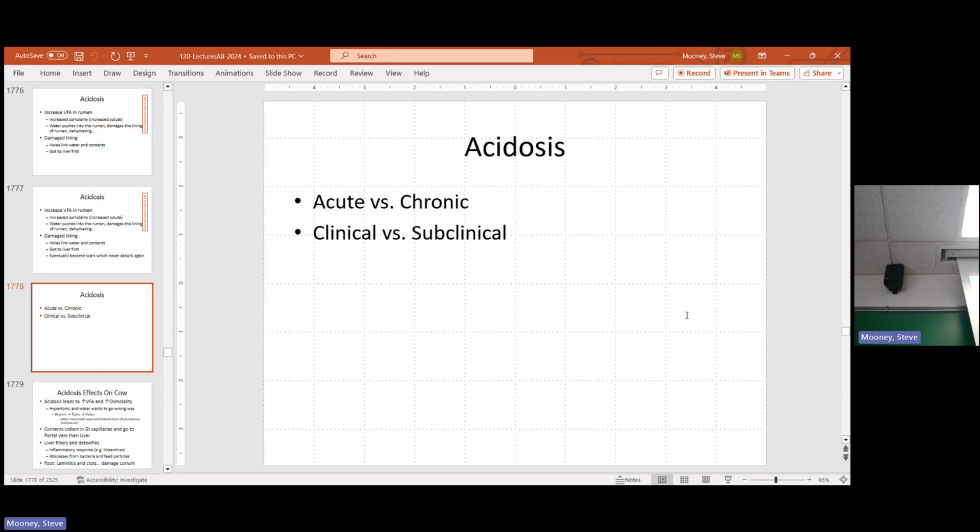Chronic is what you're going to find in a feedlot. They're keeping those animals on a high carbohydrate diet. They're right on the edge. They're trying to get as high gains as they can. So they're right on the edge. And if they don't manage their feedlot really well, they're going to fall over into acute acidosis.